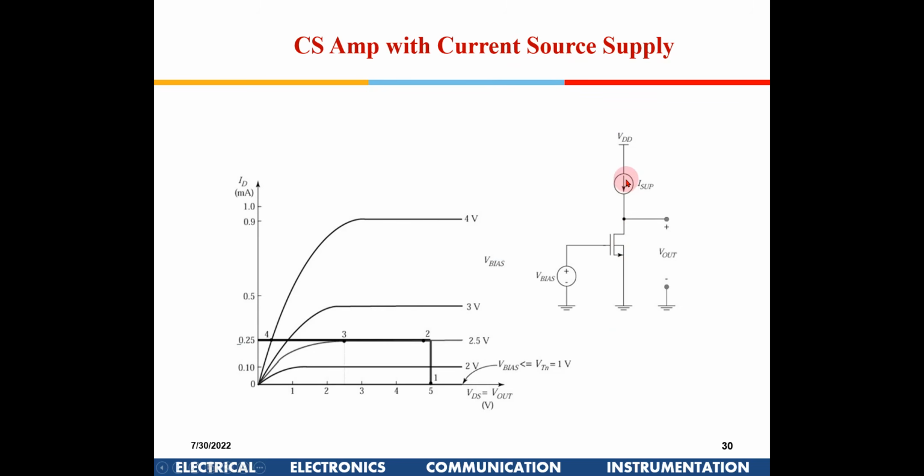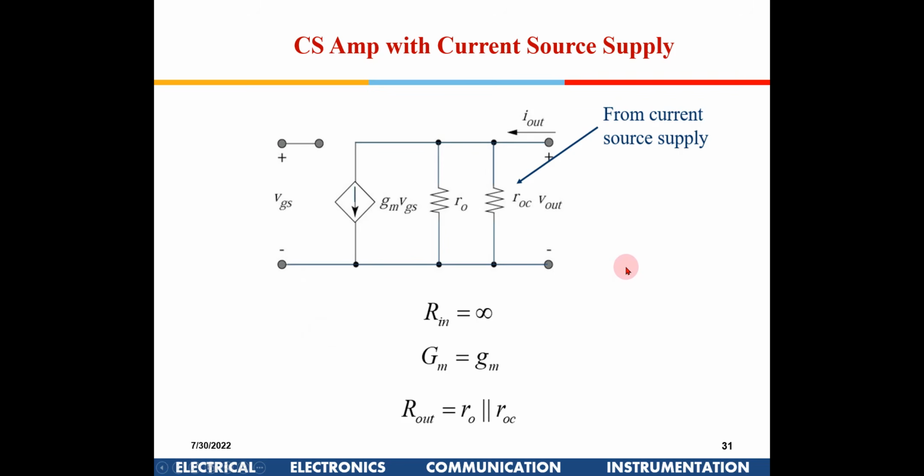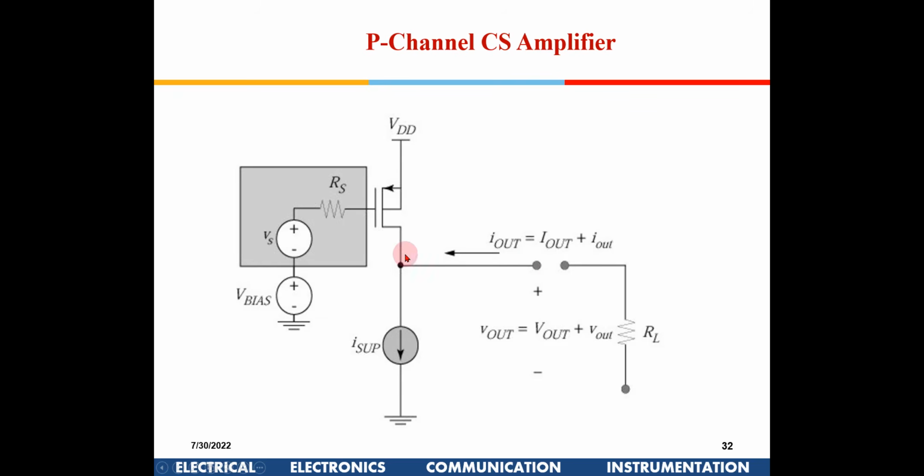If this current source is made independent of temperature and things like that, then it will be more stable with respect to the operating point. You just have to give some voltage out here, but that voltage variation will not cause ID variation because you are supplying constant current in this path. I'll explain how this is given in the next few slides. That is one option.